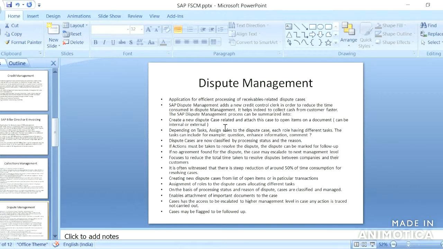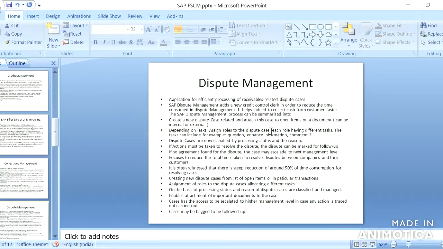Create a new dispute case and attach this case to the open items on a document. So once the dispute case is created, it will be automatically linked to the open item of that particular document. Depending on tasks, assign roles to the dispute case.